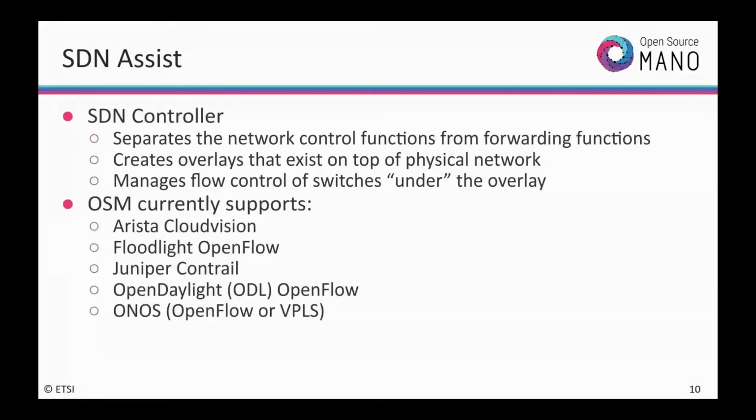And what an SDN controller does is it removes all of this control function from the lookup of the packets and creates essentially a virtual overlay map to exist on top of the physical network. So what we see is a logical view of the network, and the switches underneath already have the rules that we want in them pre-set up, and they don't have to do any lookups at packet forward time.